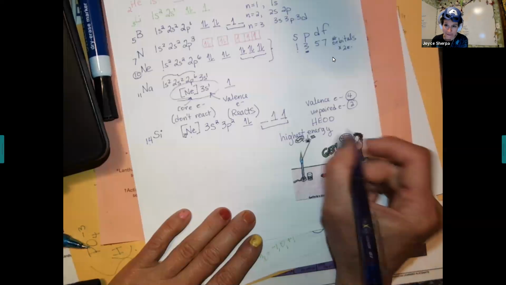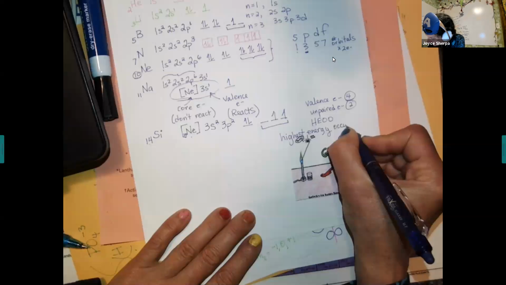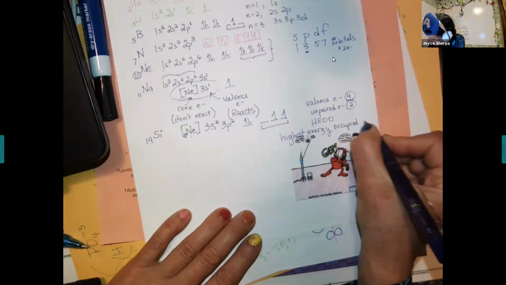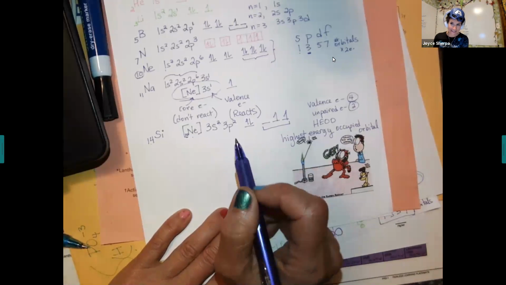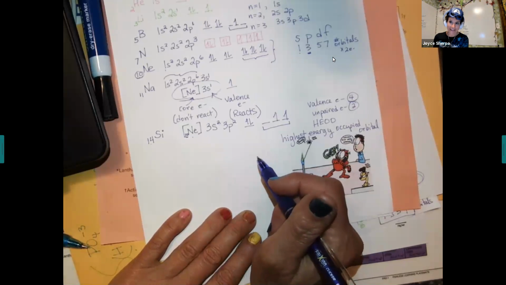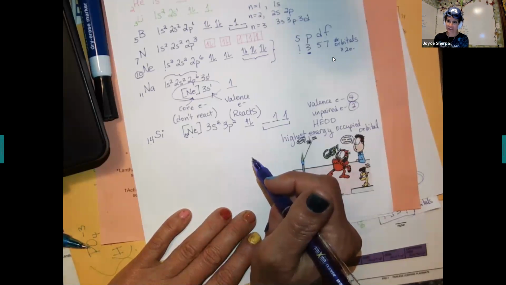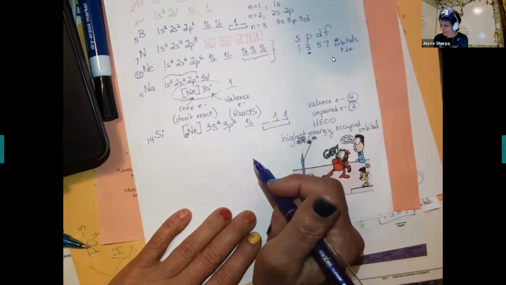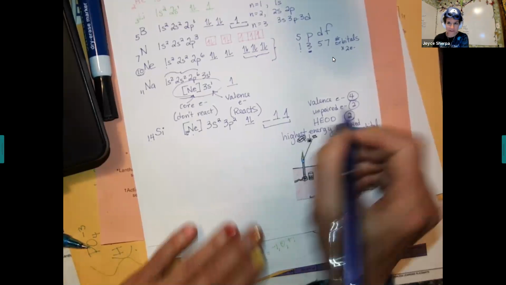I'll write it out in words too, but it will just say HEO. It's the last subshell that has electrons. It does not have to be full. It just has to have electrons. And so 3p.